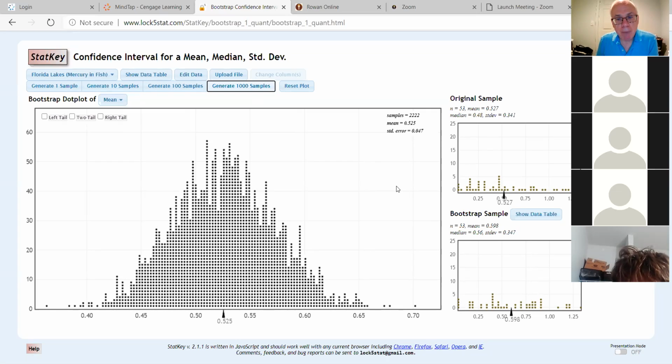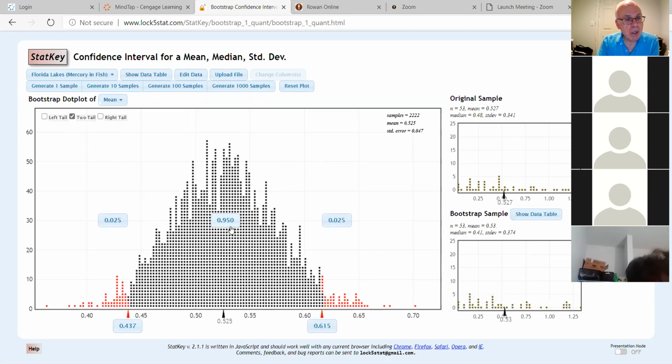These are all bootstrap samples, and if you run your cursor over any of these, it will show up over here as the mean and everything for that particular sample. The one I've chosen here has a mean of 0.556. So once again, I'm going to hit the two tails here.